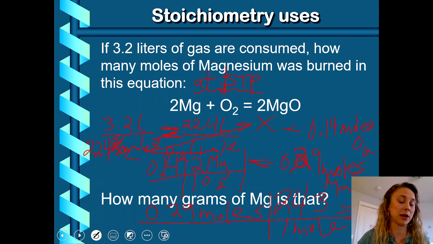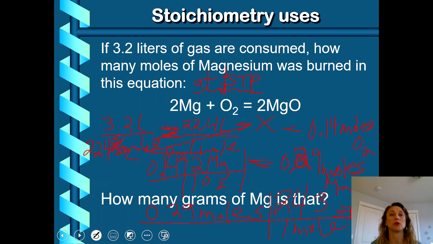I get about 6.94, or 6.9 because we only have 2 significant figures. So 6.9 grams. I'm thinking grams, so I wrote a G.